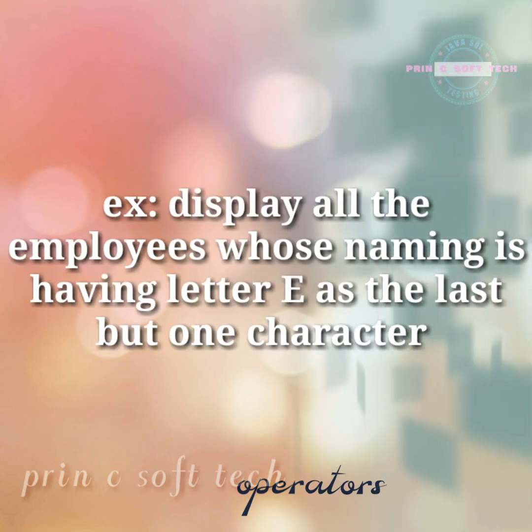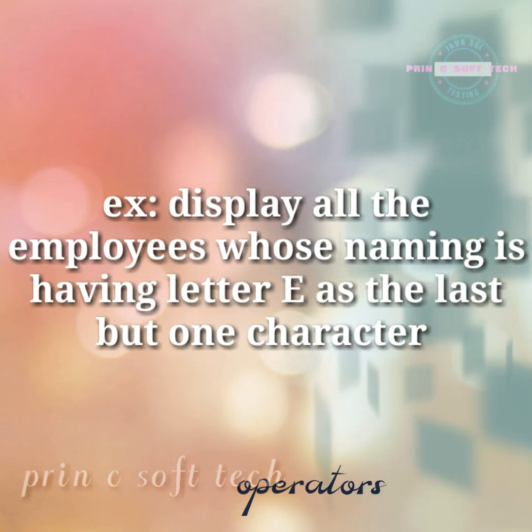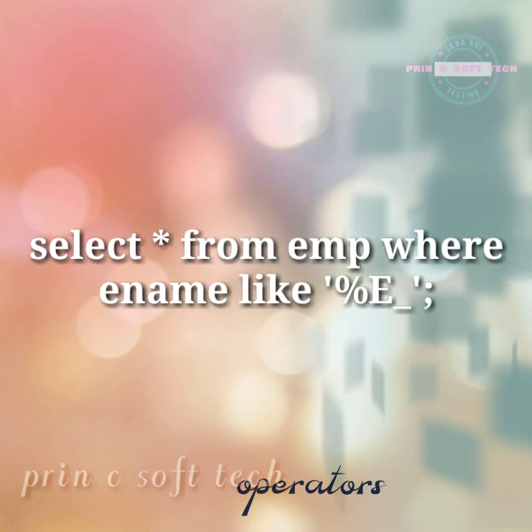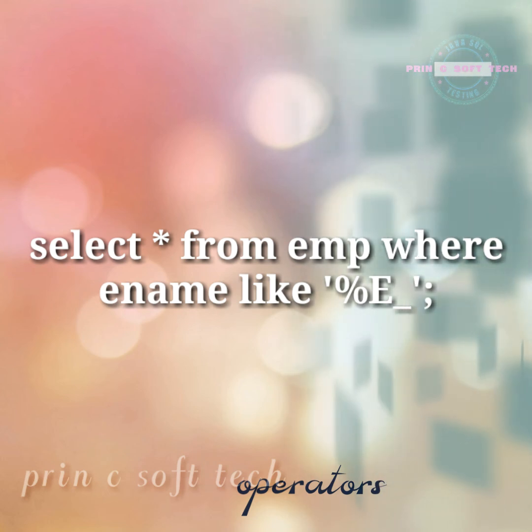Let's see some examples. Display all employees whose name has the letter E as the last but one character. Then how do we write this query? Select star from EMP where ename like %E underscore.